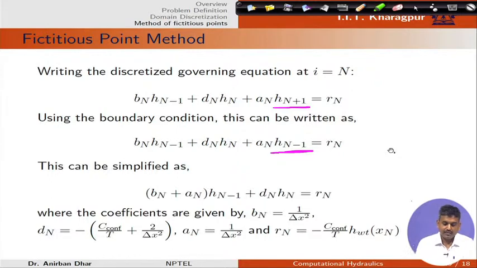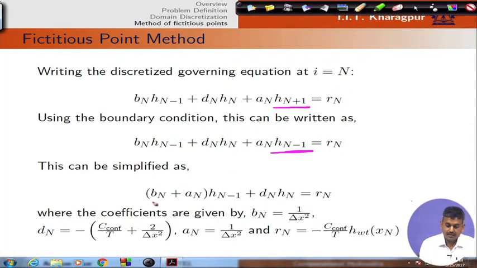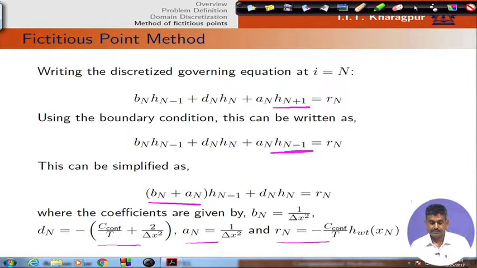So, this can be simplified as b n plus a n as the coefficient of h n minus 1, and d n, and these are the coefficients d n, a n and r n for the corresponding point x n.